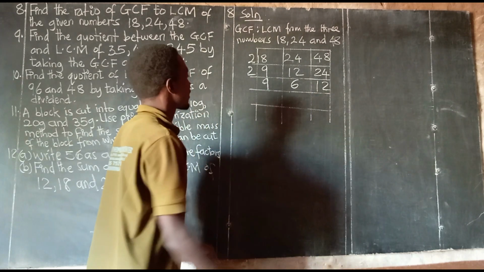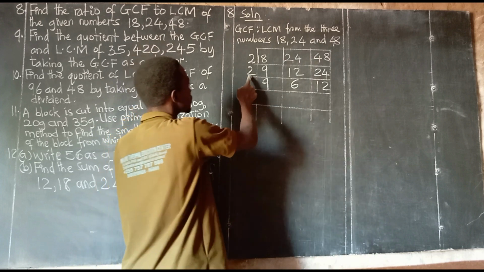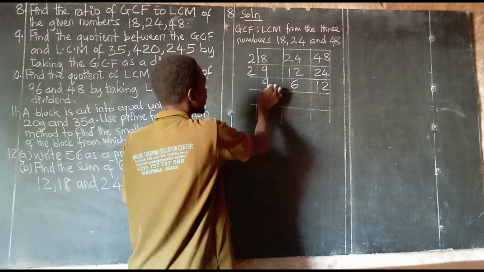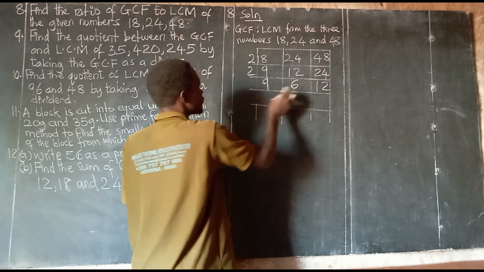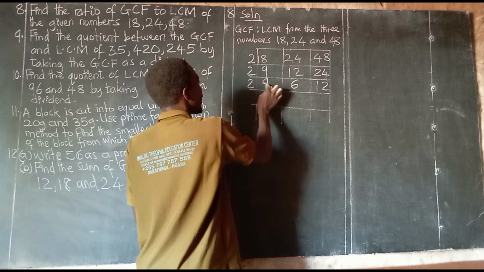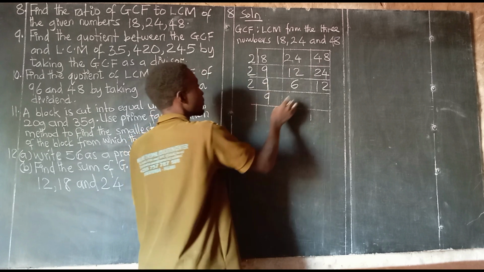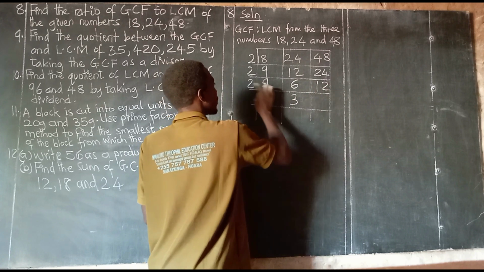After that, we have to look again. Does 2 still divide any of the 3? Yes, 6 and 12 are divisible. So write 2 again. 9 over 2, we write 9 as it is, not divisible without remainder. 6 over 2, we get 3. 12 over 2, we get 6.